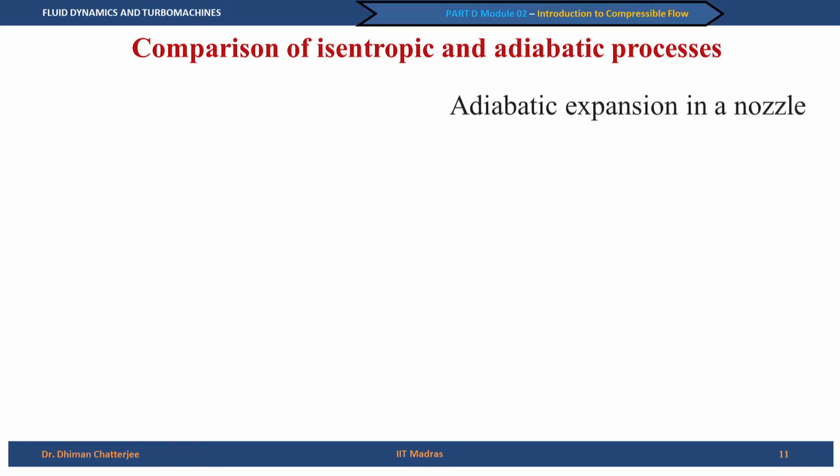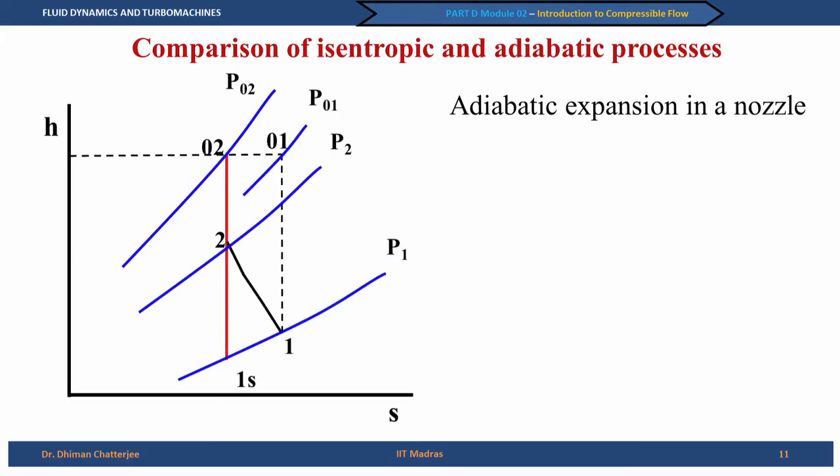So, we say that it is an adiabatic expansion in a nozzle. 2 is the nozzle inlet. You remember we have talked about that the higher the number we assign, the higher is the pressure, the higher is the enthalpy. So, the nozzle inlet has higher pressure, higher enthalpy, there is an expansion.